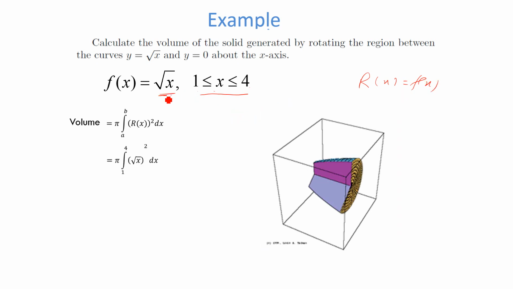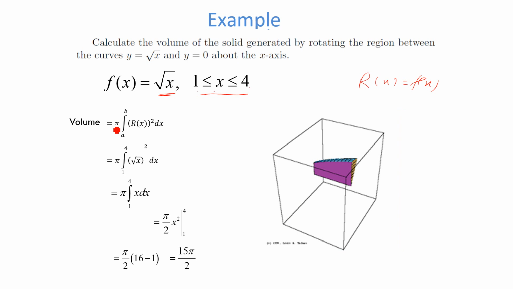So we are going to plug in the values. a here is 1, as I told you before. a is 1, b is 4. So R(x) squared is square root x squared, and pi is from the formula. And by integrating and doing some manipulations, we have the value of the volume equal to 15 pi divided by 2.